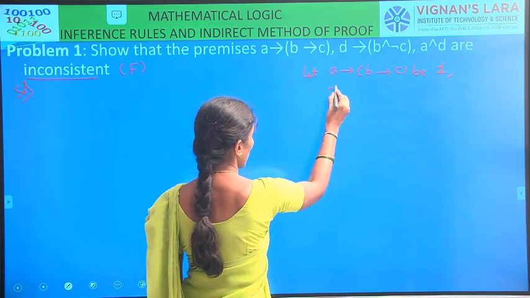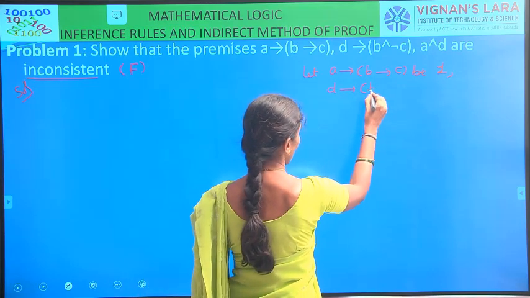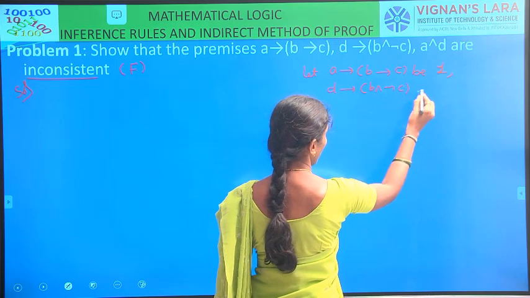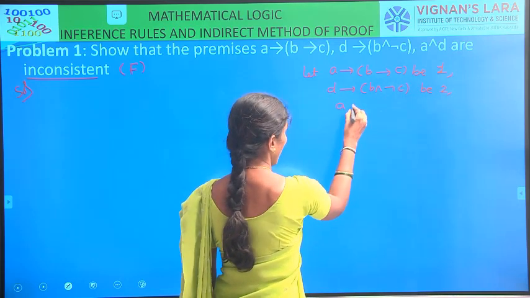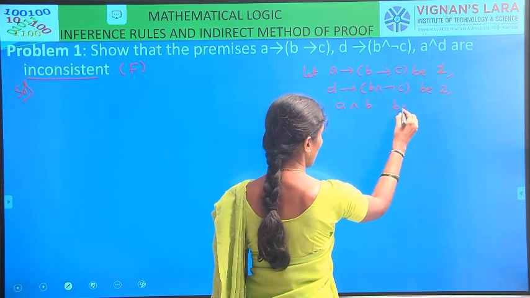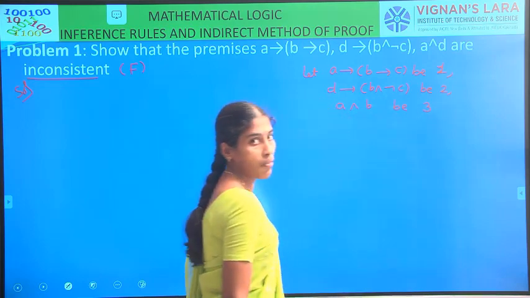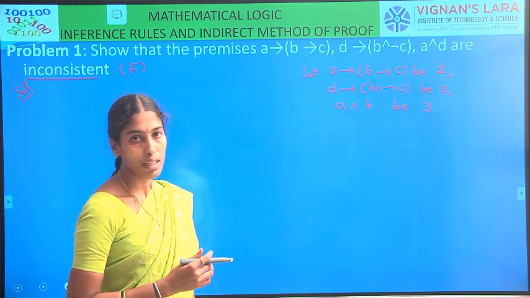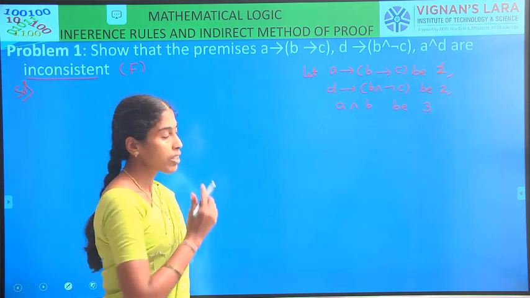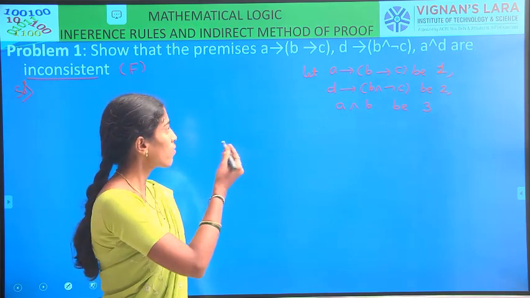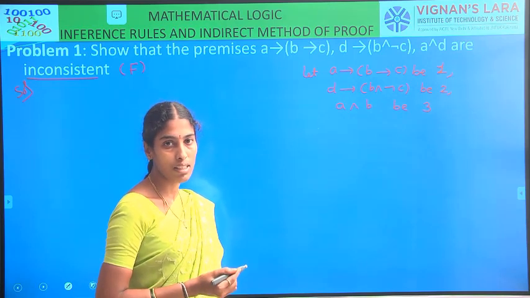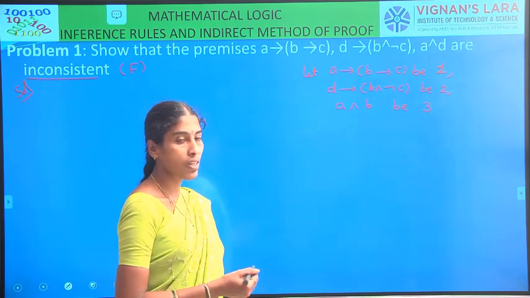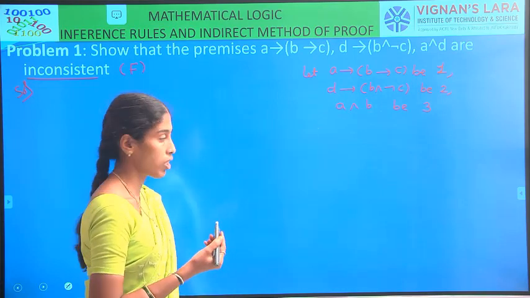Next, the second premise, take it as D conditional B conditional negation C, and the third premise is A and D. Now we are giving an arbitrary order.